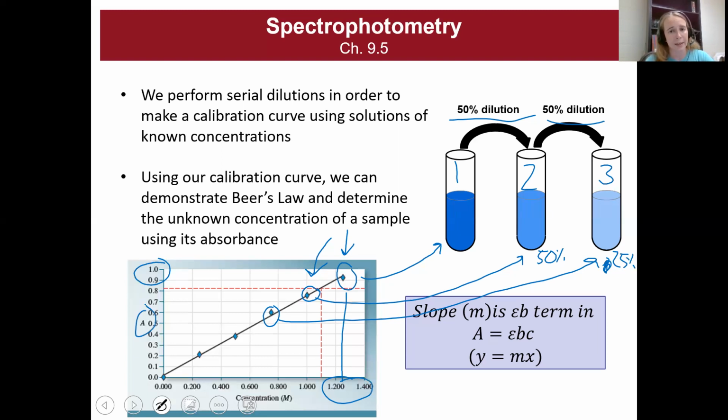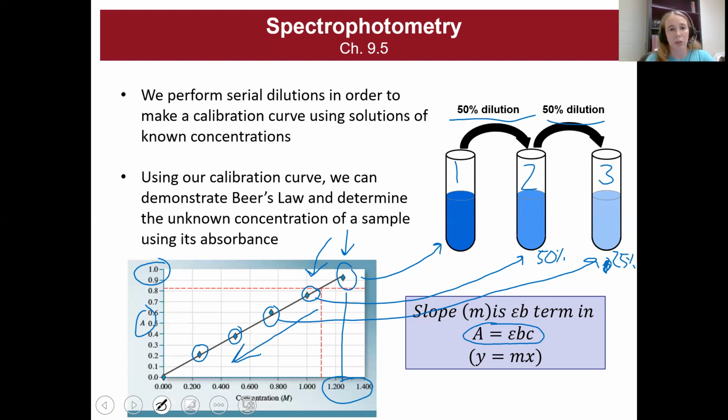This is a direct relationship between A and C. So as concentration goes up, absorption goes up. As concentration goes down, absorption goes down. So these are our increasingly dilute solutions, with decreasing concentration and decreasing absorption as we go this way.